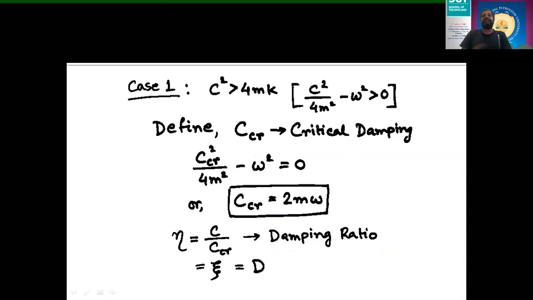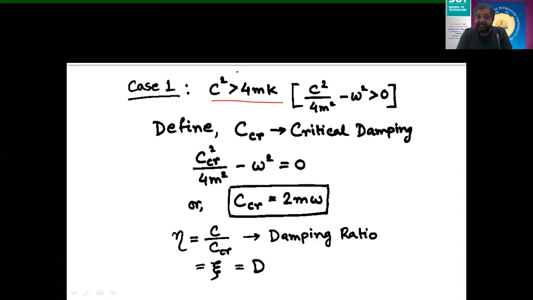Now we have talked about case number 2, which is critical damping. Let us move to case number 1, which is the overdamped case. I define overdamped with respect to the critical damping, because I take critical damping as the base. If the value of C is equal to this value, it becomes critical. When C is greater than this value, it becomes overdamped.